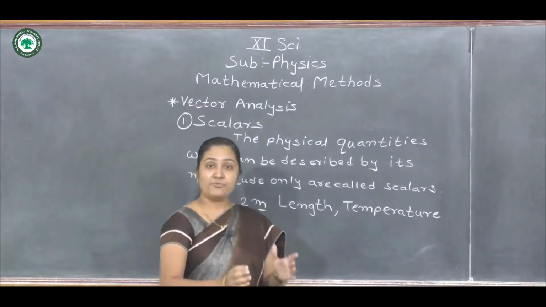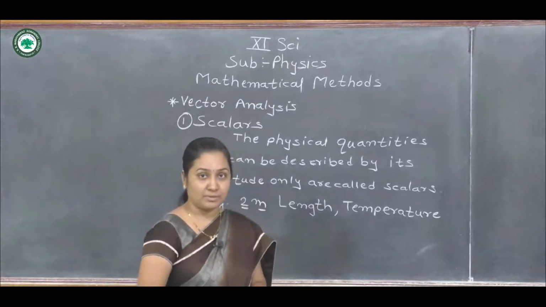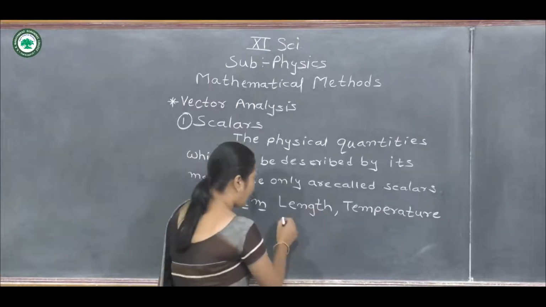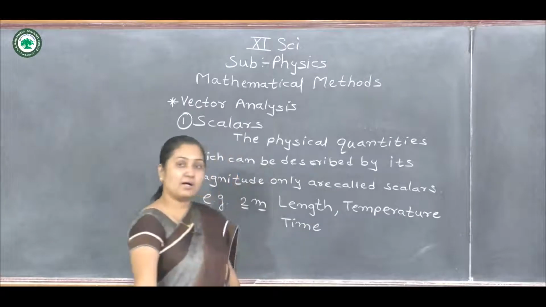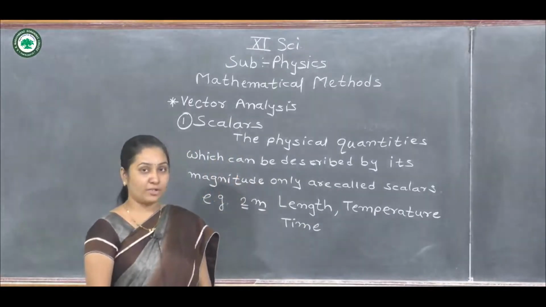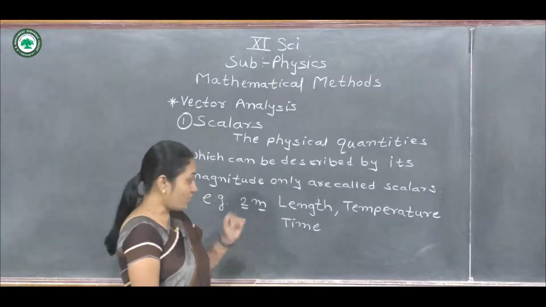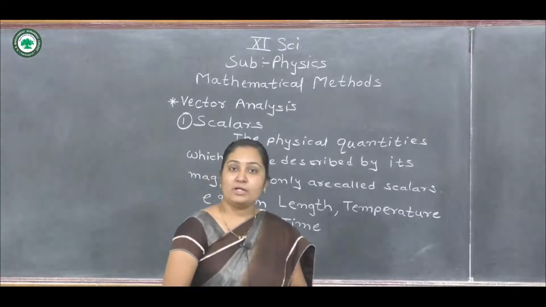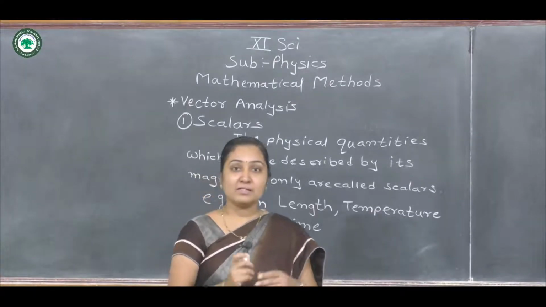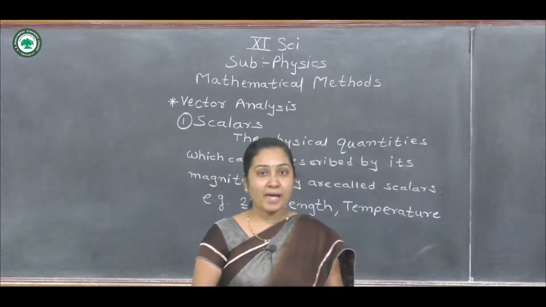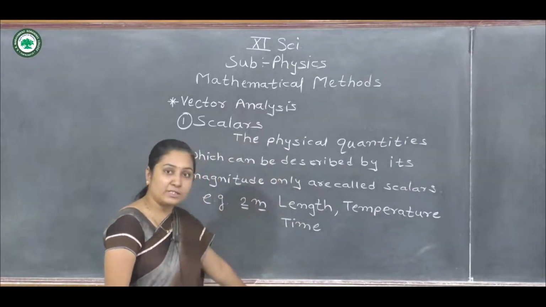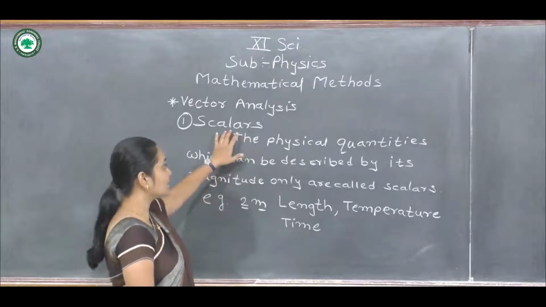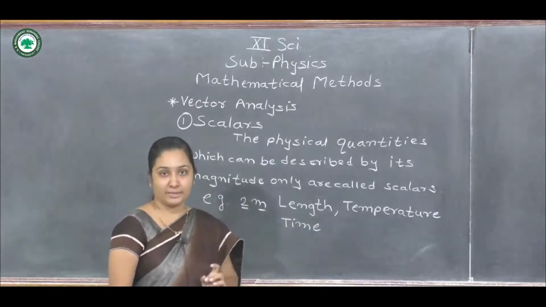Similarly, if we are measuring time, then time is also a scalar quantity. So these are the quantities in which we consider only magnitude, not direction. All these quantities belong to scalar quantities.